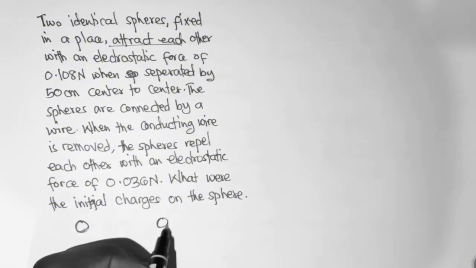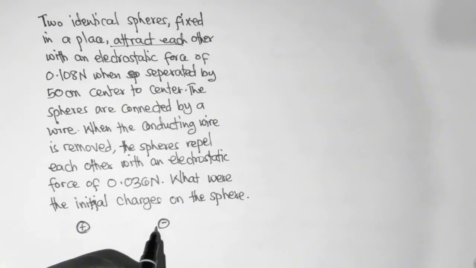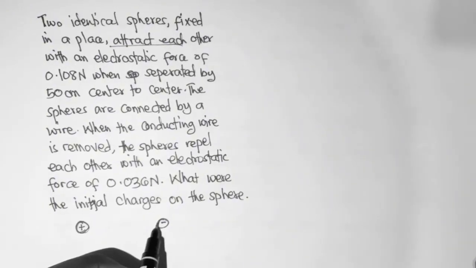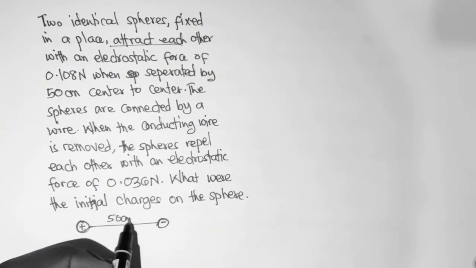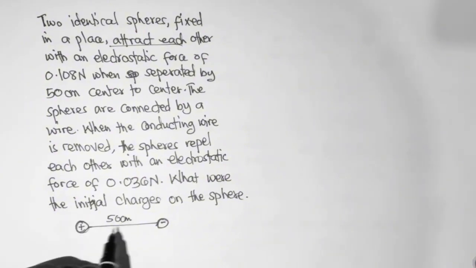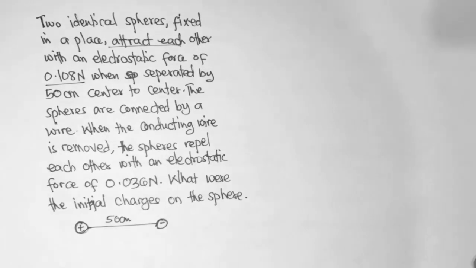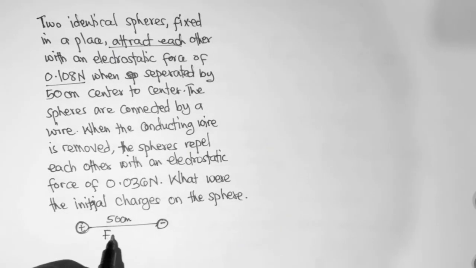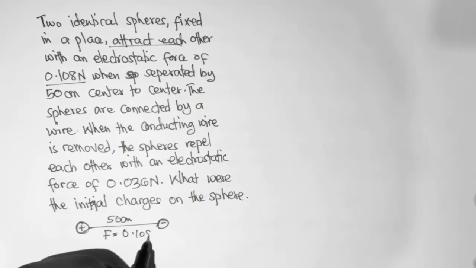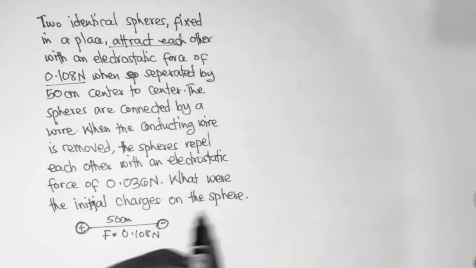So let's put the spheres here, and the distance separating these two spheres is 50 centimeters. They also give us the electrostatic force of attraction, which is 0.108 newtons. So F is equal to 0.108 newtons, and we want to find the initial charges on the spheres.